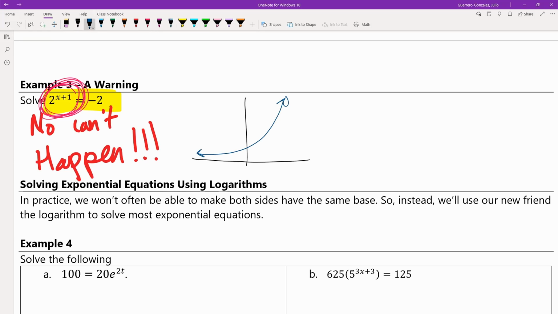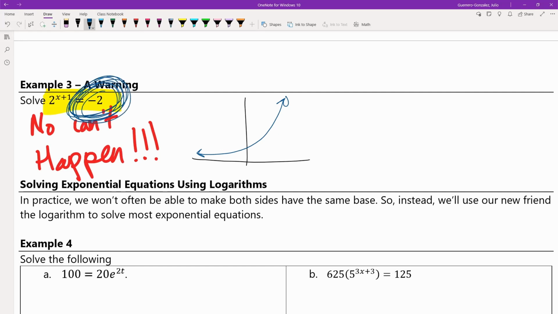That plus 1 is telling me to grab my blue exponential graph and move it to the left by 1, right? All right, cool. So that's based off of our ideas for transformations, what the plus and minus h and the plus and minus k do, correct?